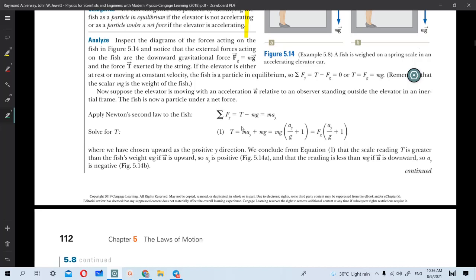Writing Newton's second law, the proper one should be net force in Y is equivalent to MA in the Y direction. However, this can be divided into two, either putting A as negative AY or positive AY. As our understanding, positive represents accelerating upward, negative accelerating downward.